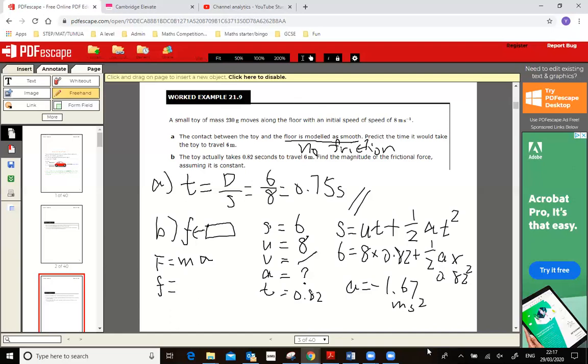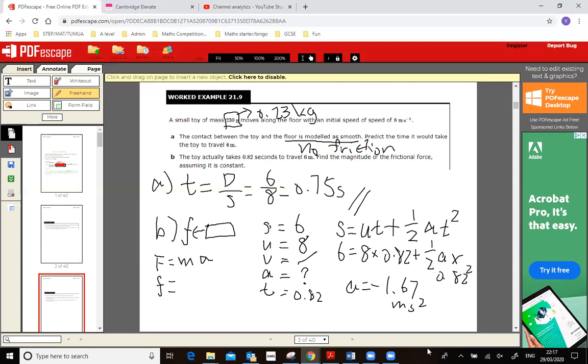And that equals m, which is 230 grams. Now be really careful with this number. The unit is in grams. However, when we use our acceleration in meters per second squared, the force should be in terms of kilograms. So we need to change this number to 0.23 kilograms before using it.